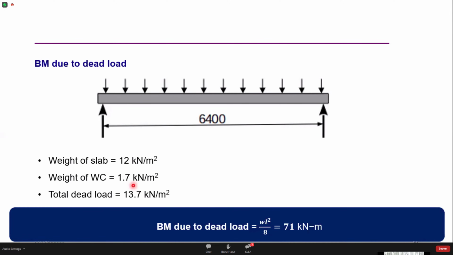Then for the weight of the wearing coat, again I multiplied the thickness by the density, and I've got the total dead load. From the simple equations of equilibrium, I'll calculate the bending moment as WL squared by 8, since this is a simply supported slab subjected to a uniformly distributed load. I can very straightforwardly get the bending moment due to dead load.